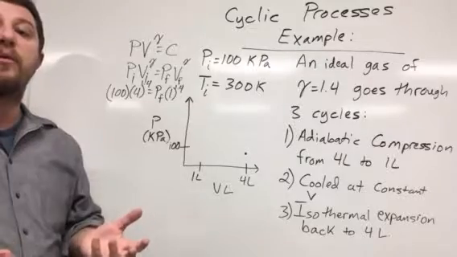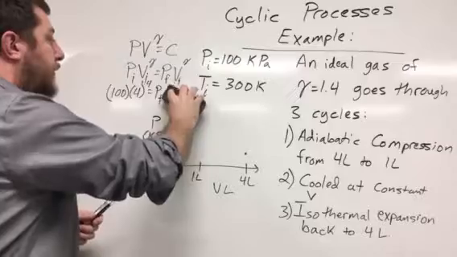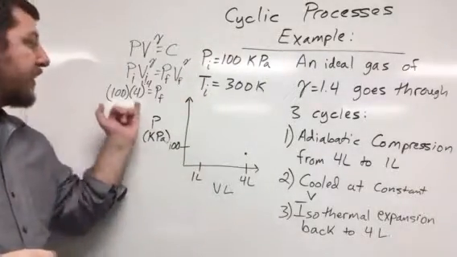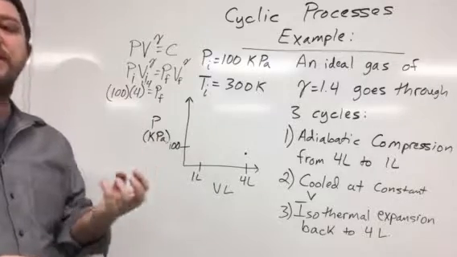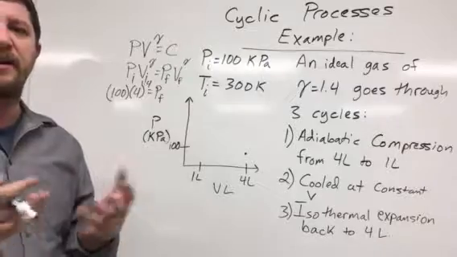Well, 1 to the 1.4 is, of course, just 1. So this essentially disappears. And if I multiply this out, I find that this is just under 700 kilopascals. For all intents and purposes, we can say that it's 700.